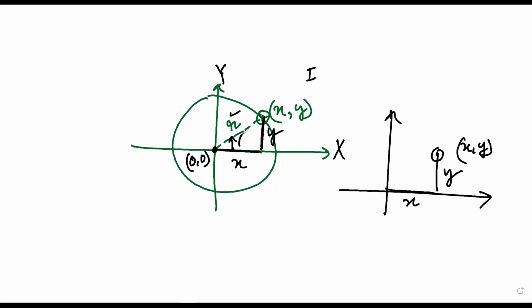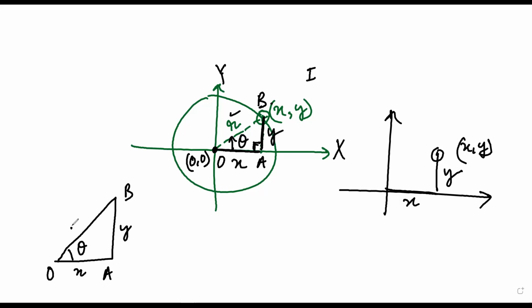Now this angle theta, see, if this is OAB, then this OAB triangle is a right triangle, and this triangle is the same which we use to define our sine, cos, tan in class 10th. So if this is theta, this is x, y, this is r, and I ask you what will be r, you will say this will be root of x square plus y square. Any doubt in it? No.